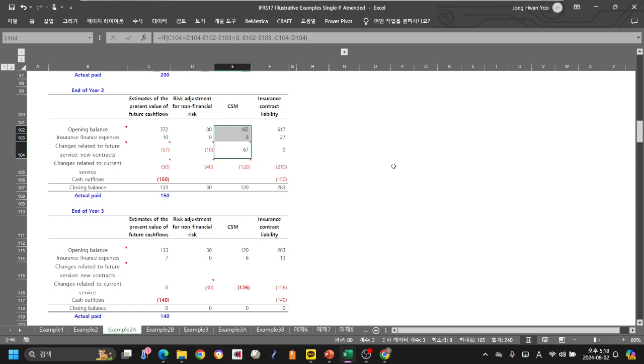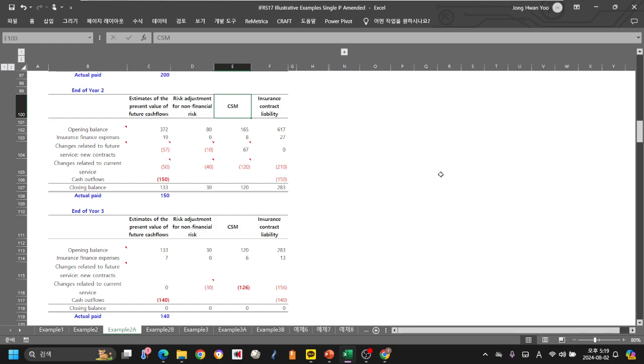So that has to be added onto the CSM, and then you just divide it by 2. On the CSM itself, let's say you allocate the initial CSM for 3 years. Even though 1 year has passed, you don't just recognize your allocated CSM right away. You have to look at the estimate adjustment.